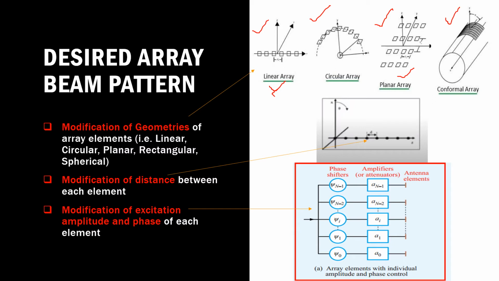When we change the distance of each element, we can also change the beam pattern or the size of it. And lastly, after changing the excitation with this attenuator and the phase through this phase shifter, we can easily change the beam pattern in the far field region.